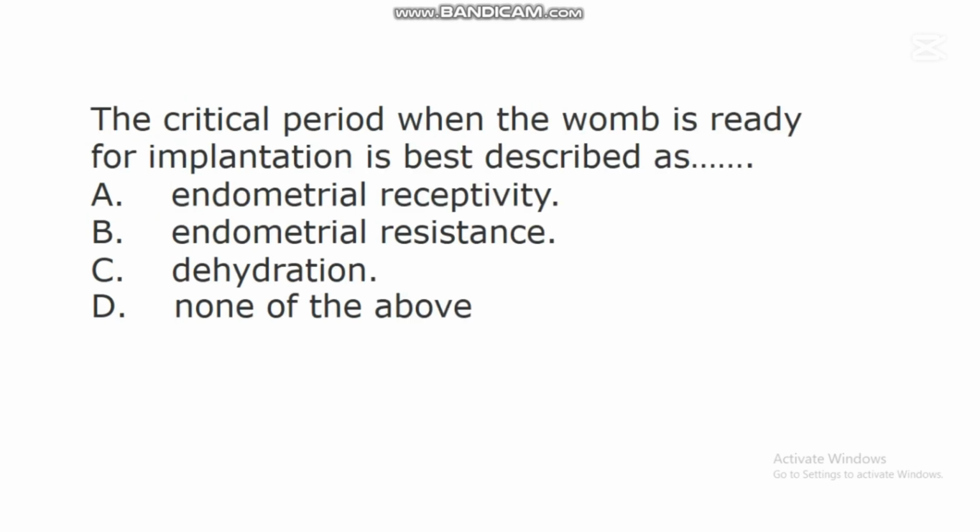The next question says, the critical period when the womb is ready for implantation is best described as dash. A. Endometrial receptivity. B. Endometrial resistance. C. Dehydration. D. None of the above. In this question, the correct answer is A. Endometrial receptivity.